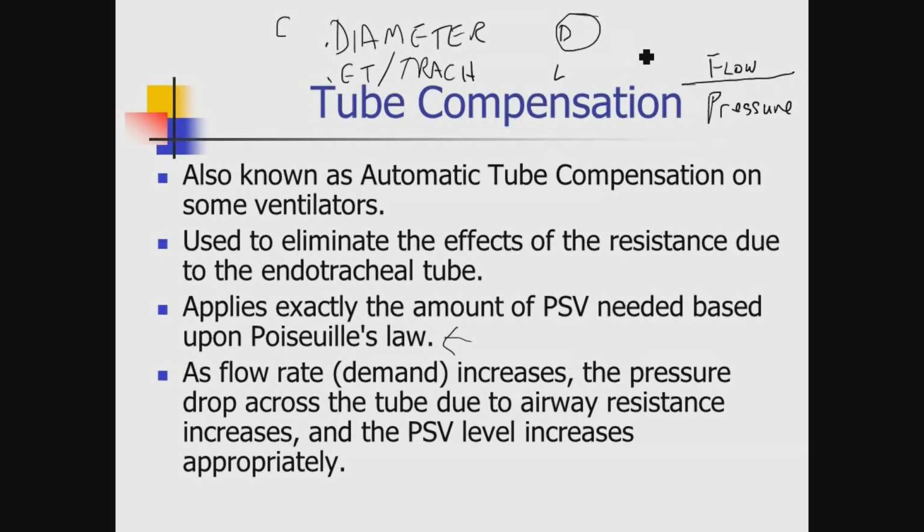The ventilator knows when the breath is triggered how much flow is coming out of it. So I tell it the diameter and I tell it the relative length of the tube. Is it an endotracheal tube or a trach tube? It measures the inspiratory flow and automatically applies the exact pressure required to overcome the resistance of that tube.